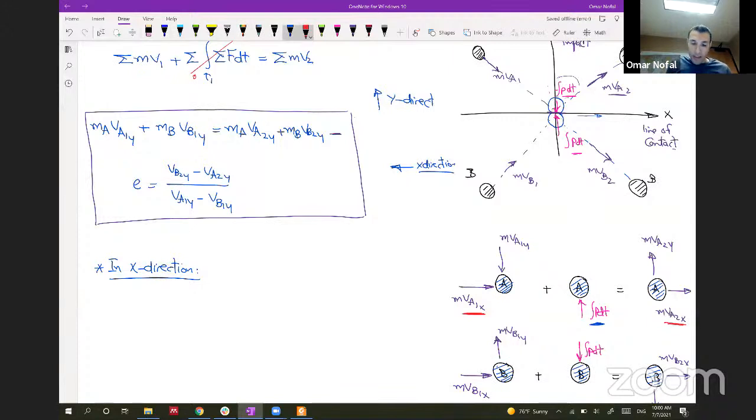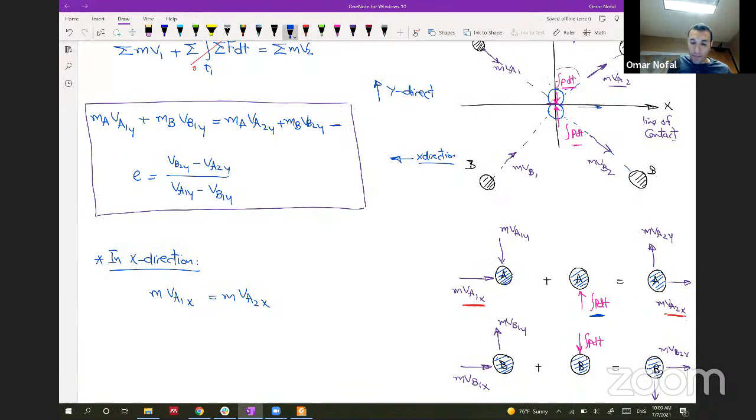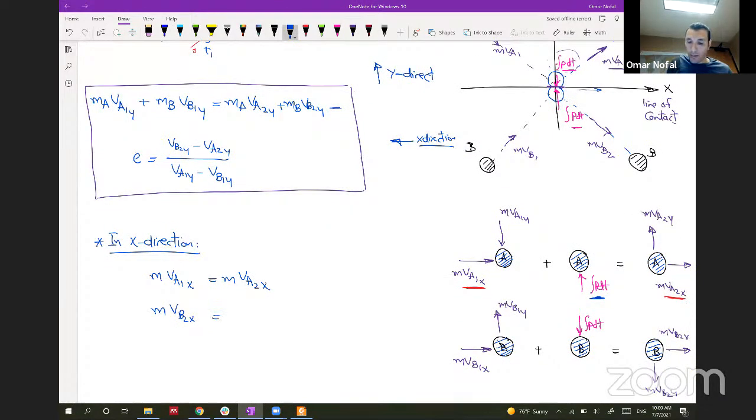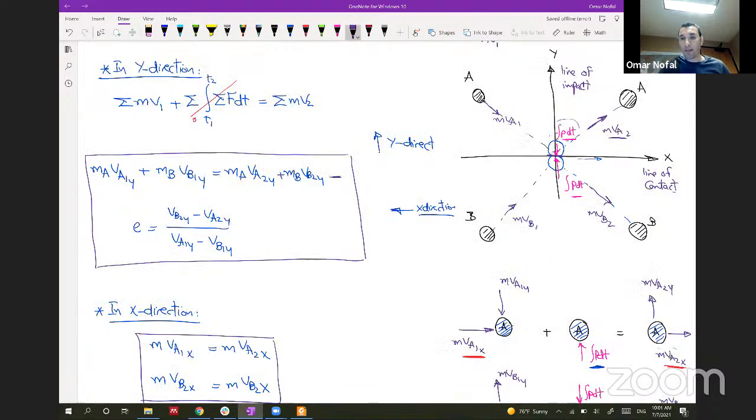So we will have mVA1x equal to mVA2x, and similarly for body B, mVB1x will be equal to mVB2x, because there are not any impulses in x direction, so you will only have these two. So right now you will have 4 equations and 4 unknowns. What are the 4 unknowns? Usually you will be given the velocities at the initial stage, like you will be given VA1 and VB1.